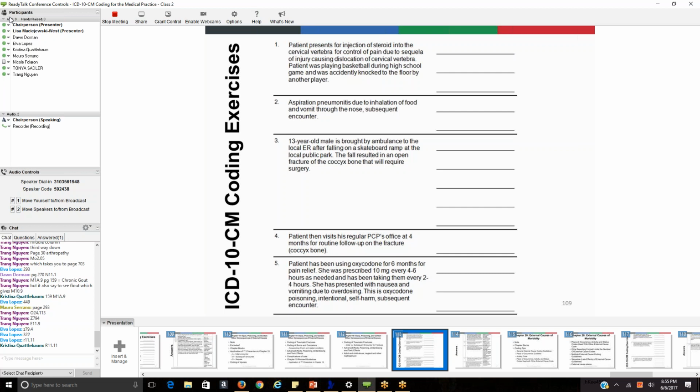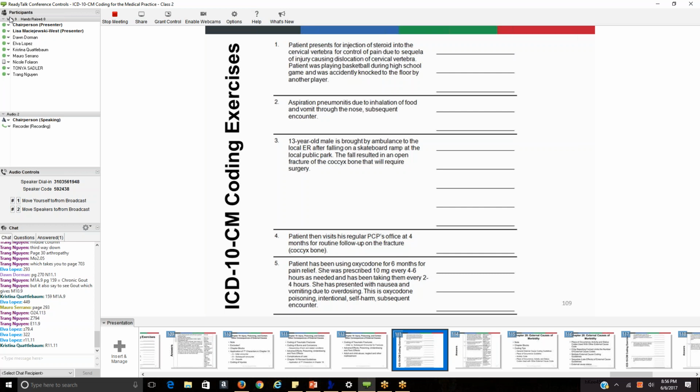There's a checkbox. So now we have to go to Chapter 20. You see how now we're going between Chapter 19 and 20. So now we go to W10.2. So it's fall on or from incline or from ramp, and it has to go to the 7th character.